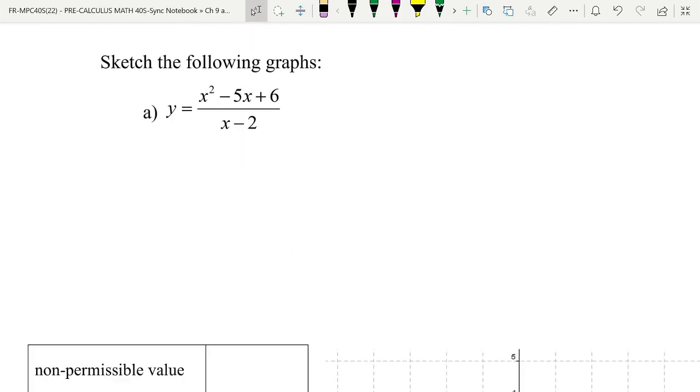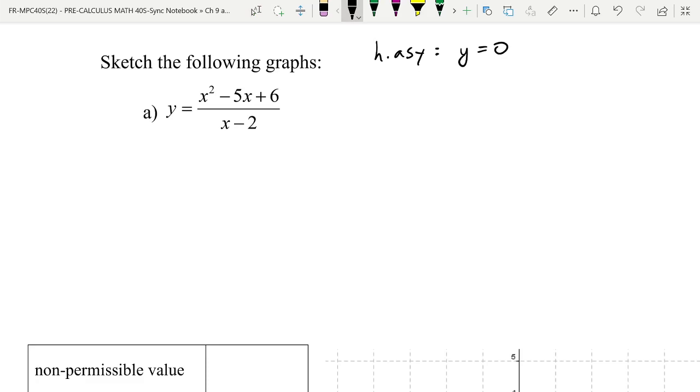There we go. So numerator is bigger. So what does that mean? So that's the 0, right? Okay? So we have a horizontal asymptote of y equals 0.